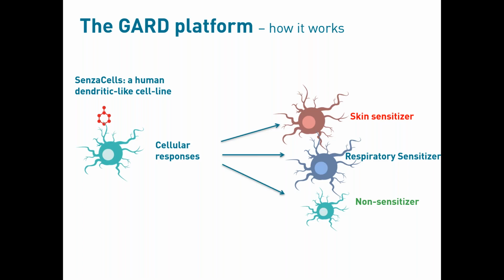We know for sure that both skin and respiratory sensitization involve the activation of an adaptive immune system, and therefore we believe that dendritic cells are a very good target for assay development in terms of these two endpoints, because the dendritic cells are essentially the key player that bridges the innate and adaptive immune system. So as a biological system in the GARD assay, we use a human dendritic cell line that is called SenzaCells. And this cell line is very similar to the response generated in primary dendritic cells.